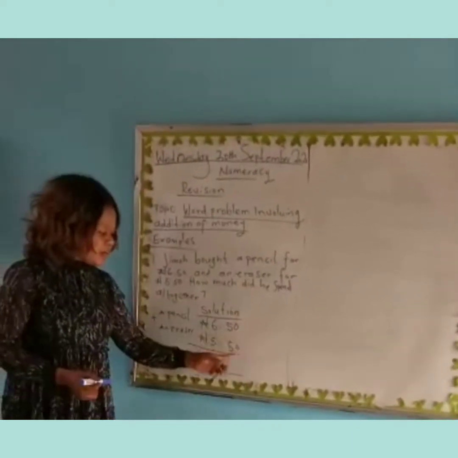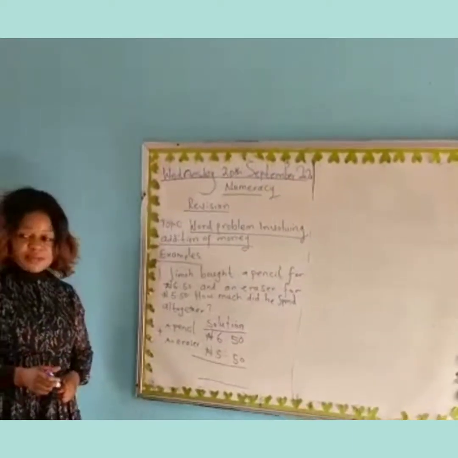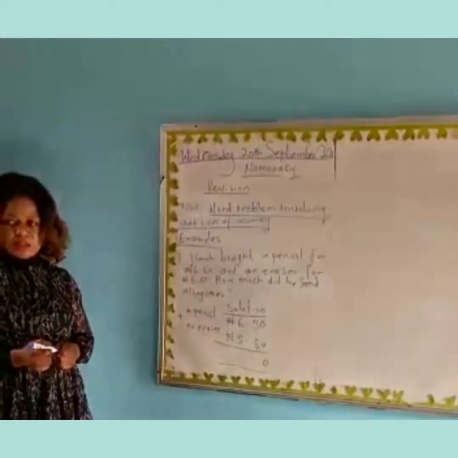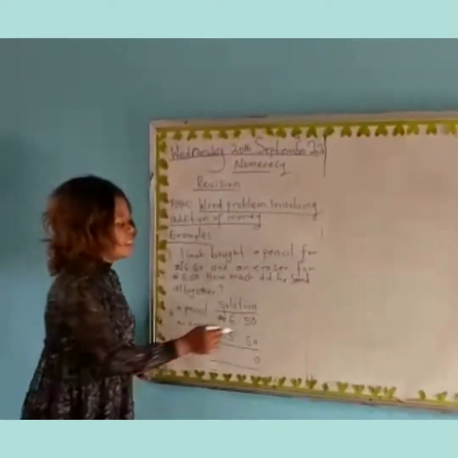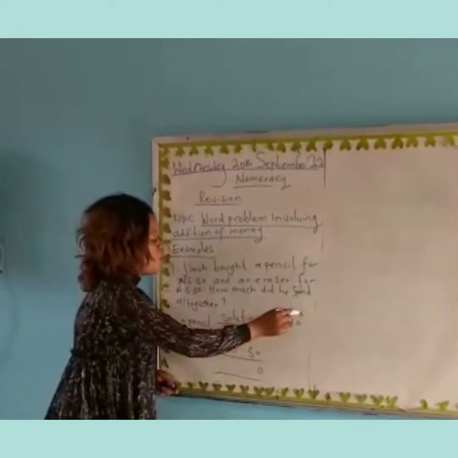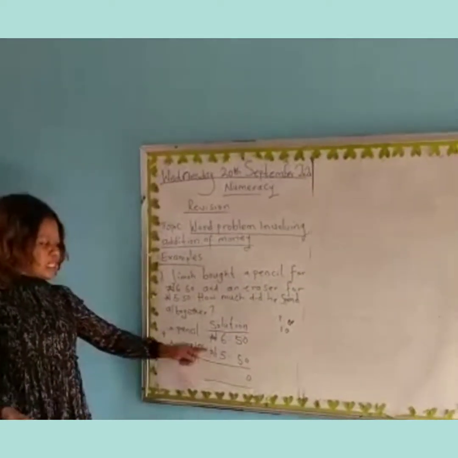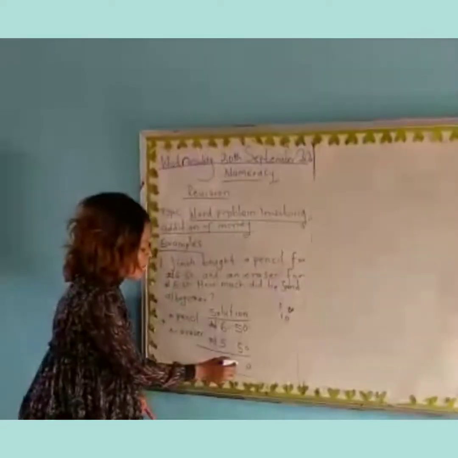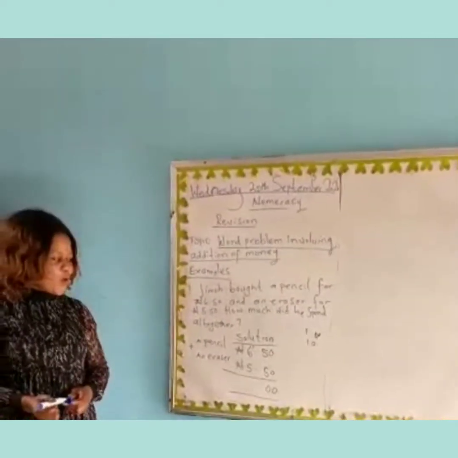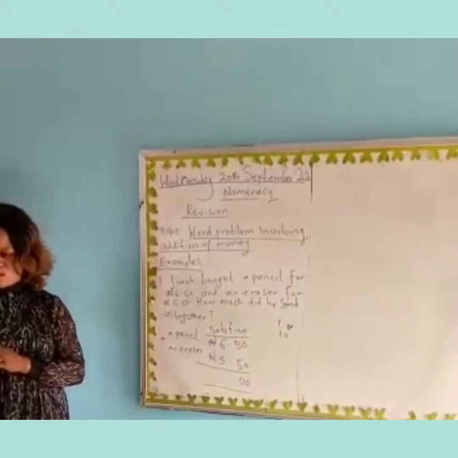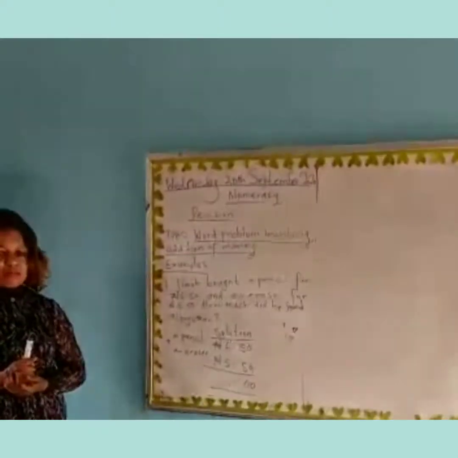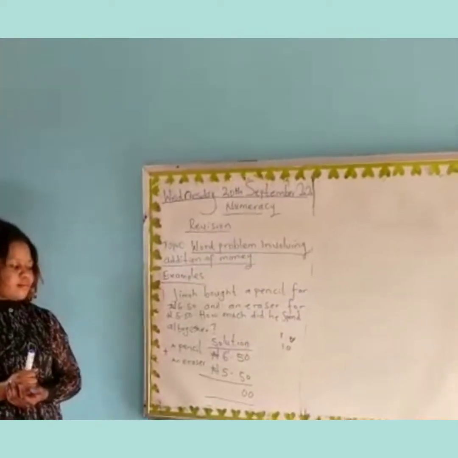Now, 0 plus 0, we have what? 0. And then 5 plus 5, we have what? 10. Now 10 is a ten and a unit, so we take down the unit and take over the ten. So we have 0 here, and we take our 1 over here. 1 plus 6, we have what? 7. 7 plus 5, we have what? 12.